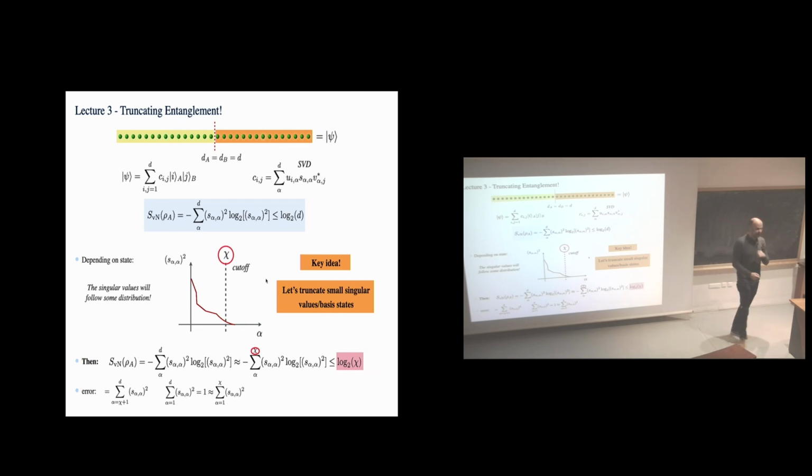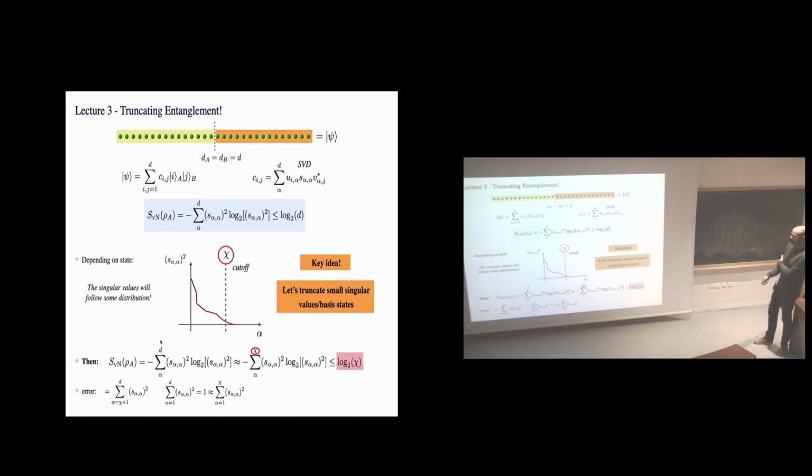The fundamental idea of compressing a state that I want to introduce is that one introduces this cutoff number chi, and then one says I'm just going to ignore all of the contributions of the singular values beyond this chi. In the formula for the von Neumann entropy, for the full exact state I would have to sum over the whole Hilbert space.